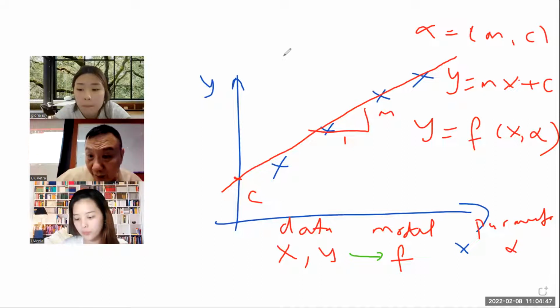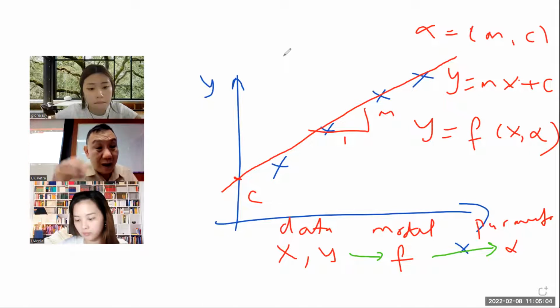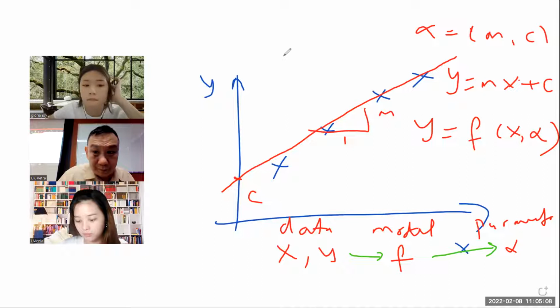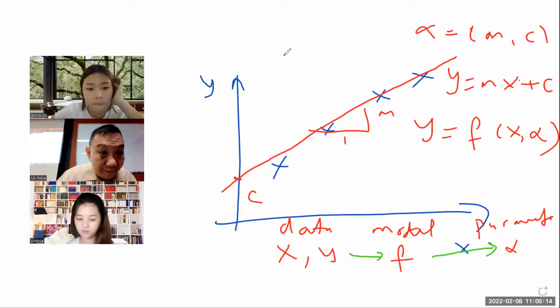And then from there, I will get my parameter. From my data, x and y, which is input and output, I input it into my model, and then I will get my parameter. In this case, alpha. What is alpha? Again, it's the slope and the intercept, yeah, MC here.